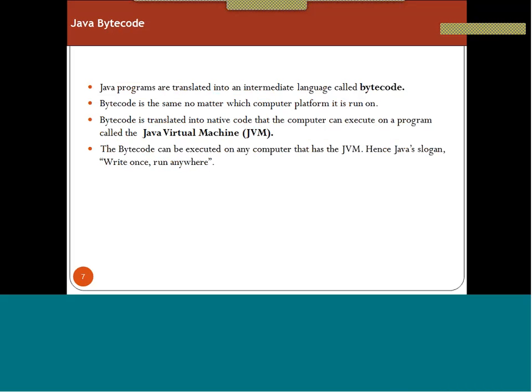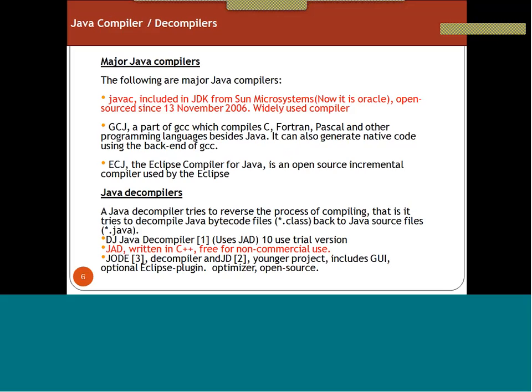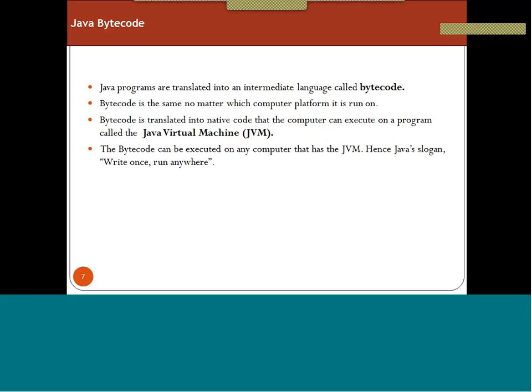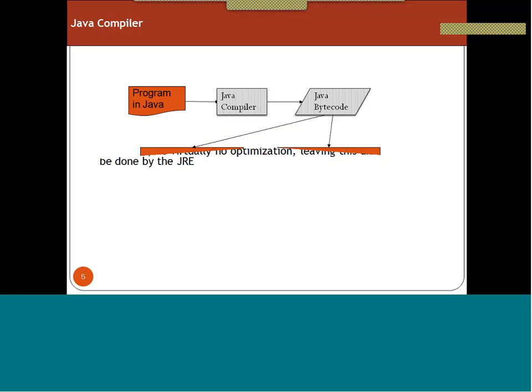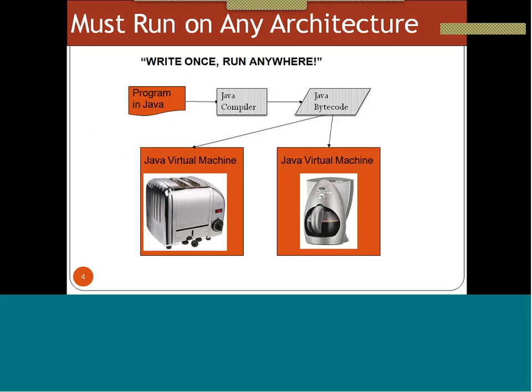I'll tell you what is JVM in the next slide. The bytecode can be executed on any computer that has the JVM. In this picture, this bread toasting machine has the JVM within it, so I'm able to run the Java bytecode in this machine.